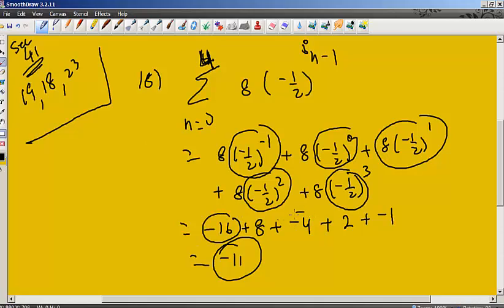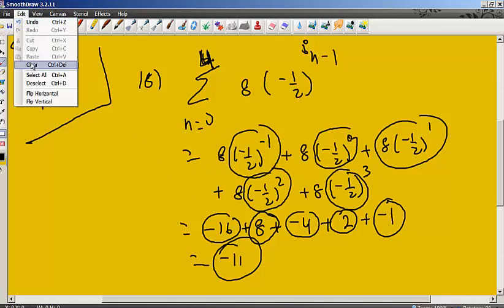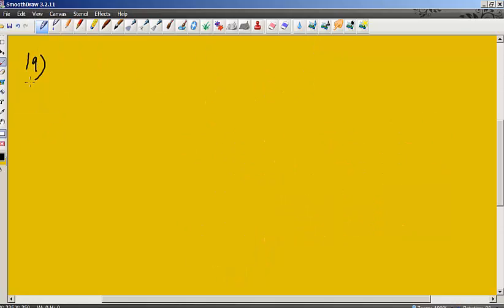Negative 10, negative 16, negative 4 is negative 20, negative 21. Negative 21 plus 10 is negative 11. Alright. Last two.